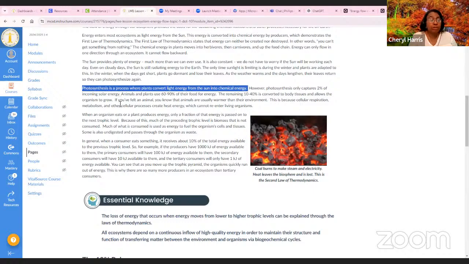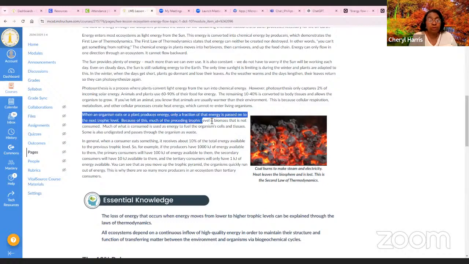What else do we need to talk about? This is where our 10% rule comes in. We're going to discuss this part in the next section. So looking at our pyramid, the plant took in 100% of the energy and it creates a storage molecule called glucose. So it has stored 100% of the energy that it took in.